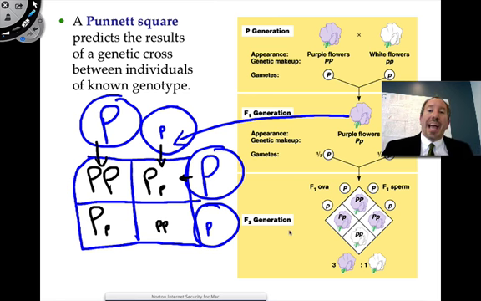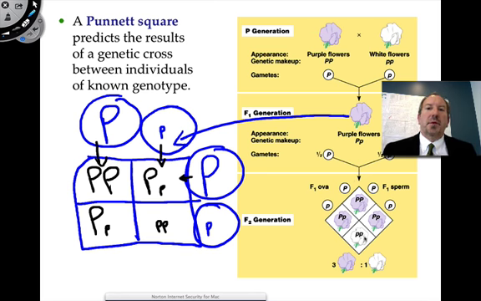So in the F2, in the second generation, Mendel saw 25% of his plants coming back white. Now, that's kind of mind-blowing because most people at the time thought the blending idea was happening. If you mix purple and white, maybe you get light purple. And then light purple and light purple make light purple. But no, white comes back.